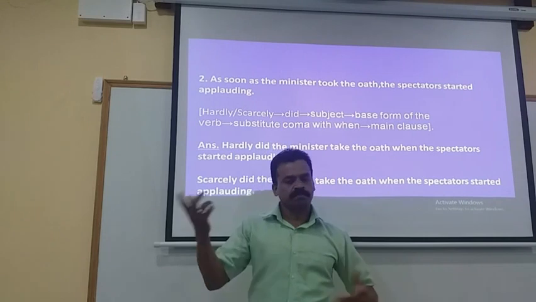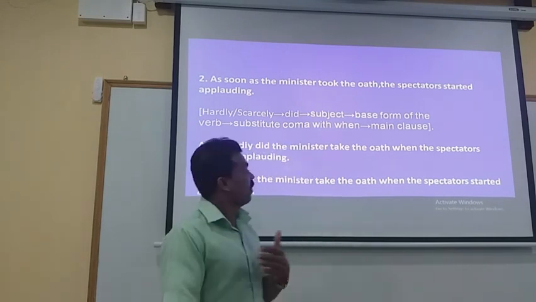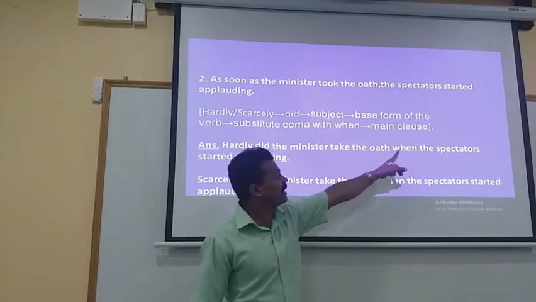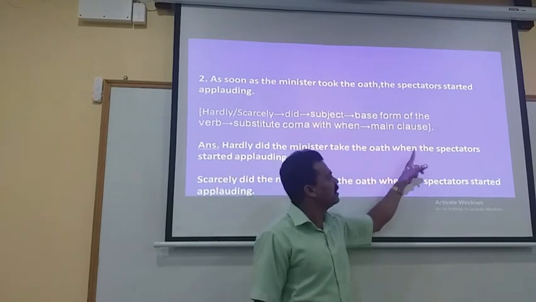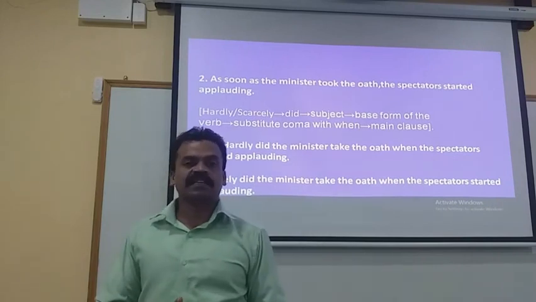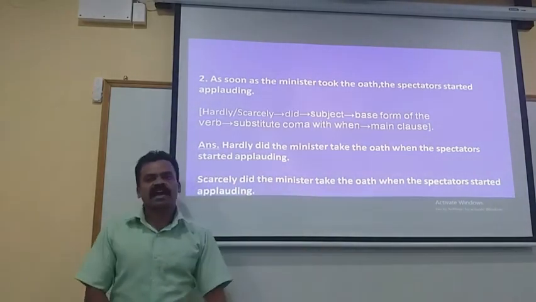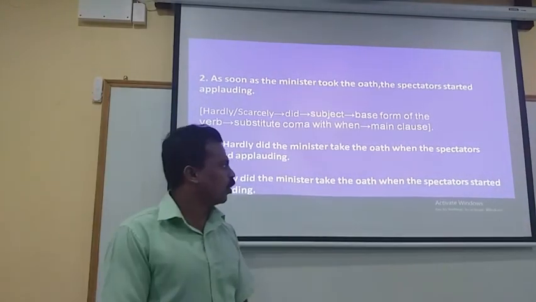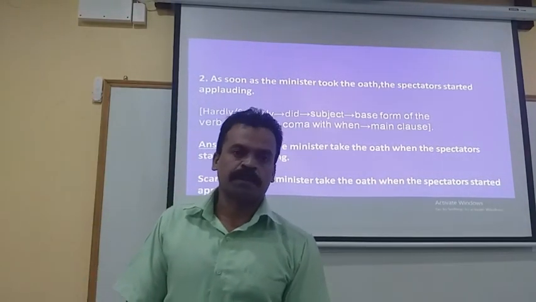After that, the main clause is substituted by the subordinate clause where the comma is replaced. We immediately make use of when, and the main clause exactly as it is, that is, the spectators started applauding. So the answer is: hardly did the minister take the oath when the spectators started applauding.